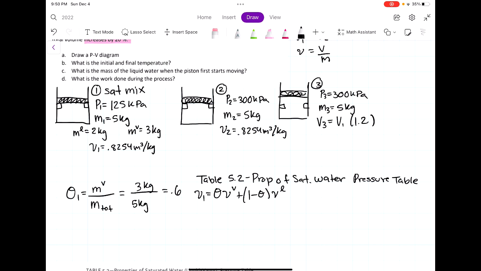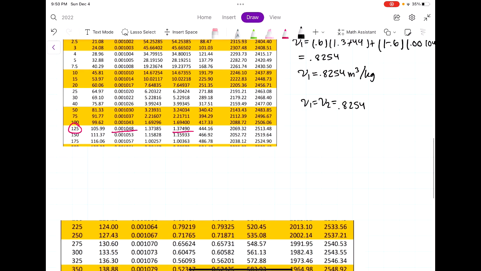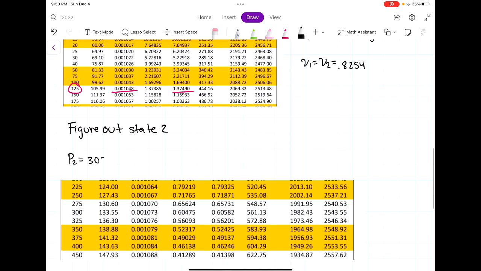Perfect. And now, since we have specific volume and the pressure in state 2, we can figure out the state. So let's go ahead and do that. So we'll figure out state 2. We have that our pressure in state 2 is 300 kilopascals, and the specific volume is 0.8254 meters cubed per kilogram.